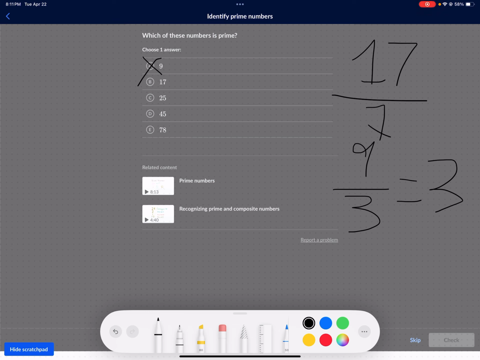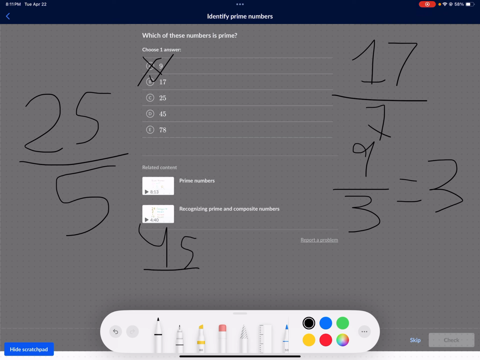Now, normally I would move on, but just so we can understand the idea, let's continue. 25. Well, we have our rule from last time: any number that ends with 5 or 0 in the ones place must be divisible by 5. So C and D are out. And all even numbers other than 2 are not prime, because they can be divided by 2.